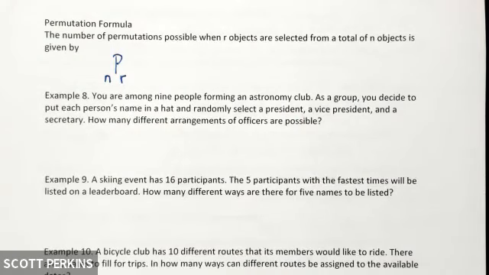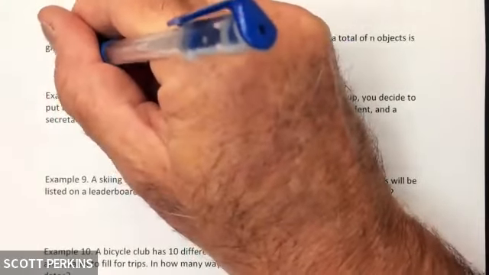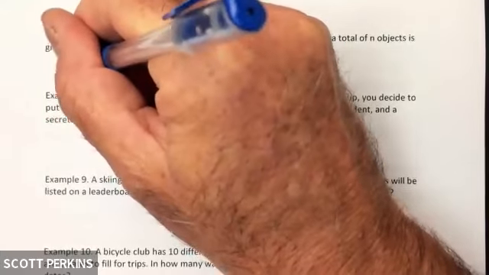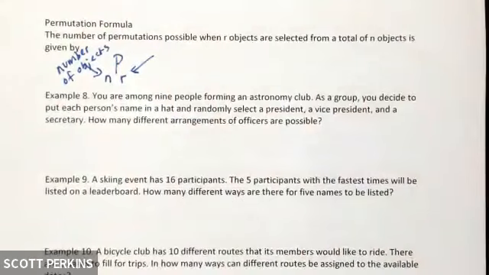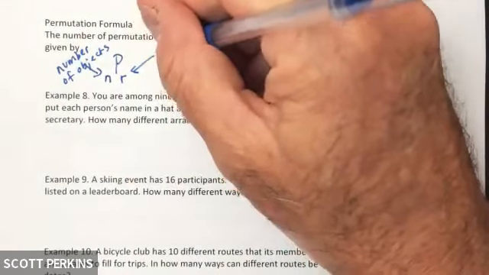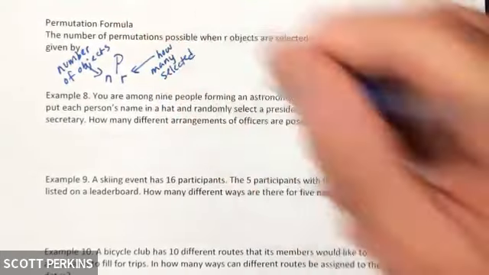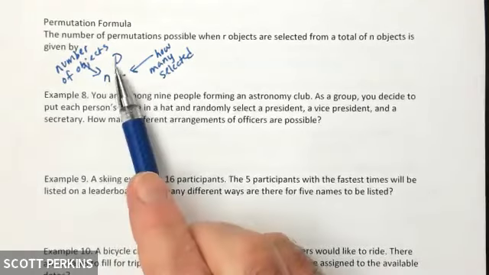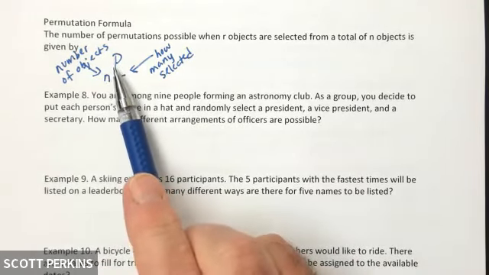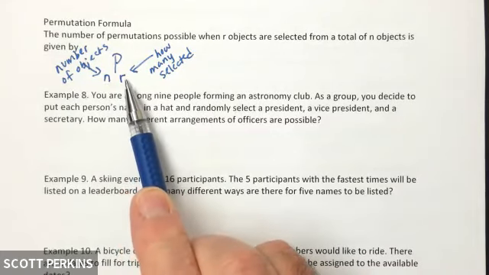And what this is, n stands for the number of objects, and the r stands for how many I'm using, how many I'm selecting. So we're figuring out the number of permutations, that's what this P stands for, the number of permutations of n objects when I select them in groups of r.